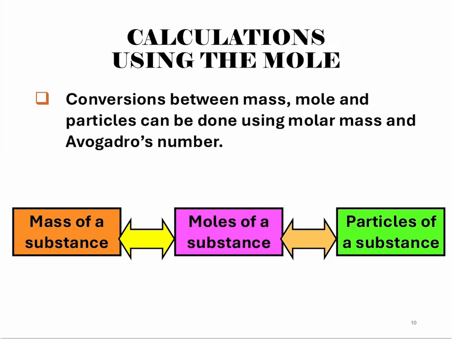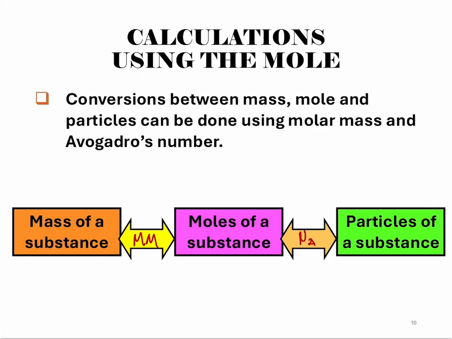Which one do we use to go between mass and moles? Molar mass, right? We use the molar mass to go between these 2. Once you have the moles, and we want to find the number of things that we have, what do you use to go between those 2? Avogadro's number, which is N sub A.